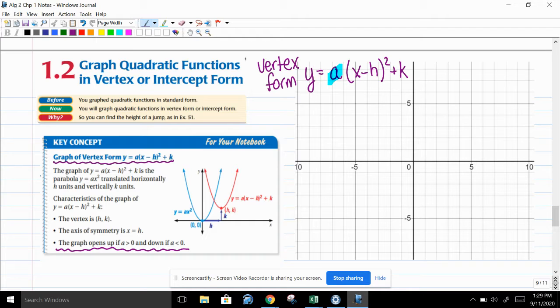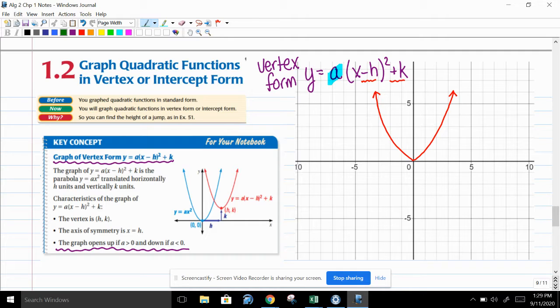So if I was to look at a parabola that looks something like this, it doesn't really matter what the equation is. That kind of looks like our parent function, maybe y equals x squared. It's definitely similar to it. This h and this k are just going to cause the graph to shift, depending on what h and k are.